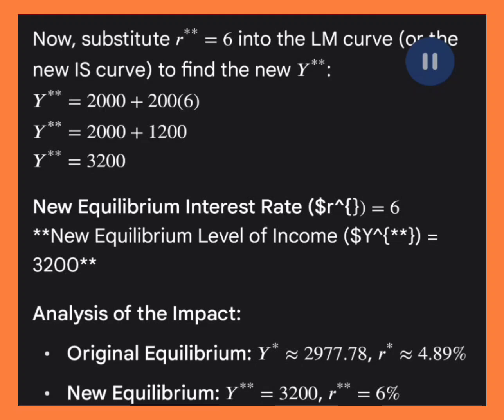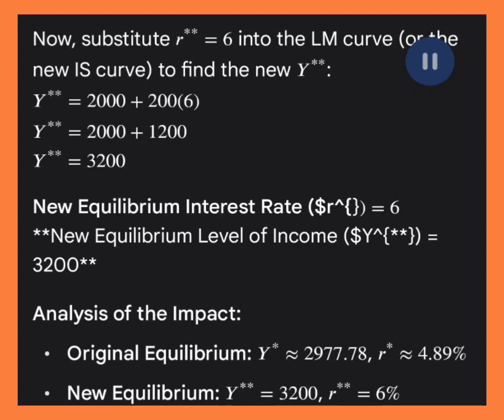Analysis of the impact. Original equilibrium Y* approximately 2,977.78, r* approximately 4.89%. New equilibrium Y* equals 3200, r* equals 6%.